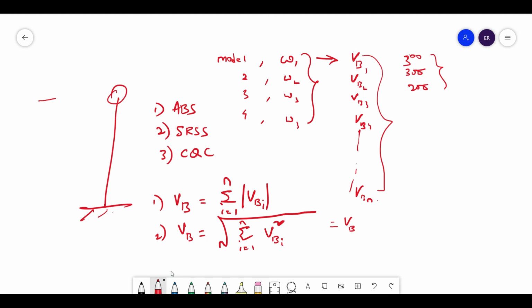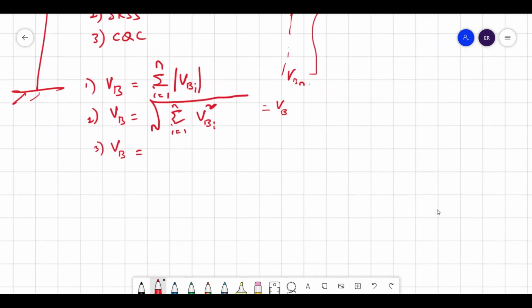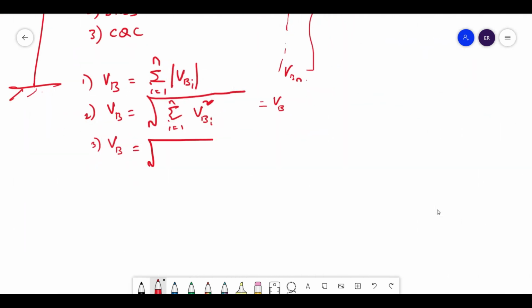The best method, I can say, is the CQC method. CQC is nothing but the complete quadratic combination method. It is based on this: the square root of sigma i equals 1 to n, sigma j equals 1 to n, Ri into alpha ij into Rj.